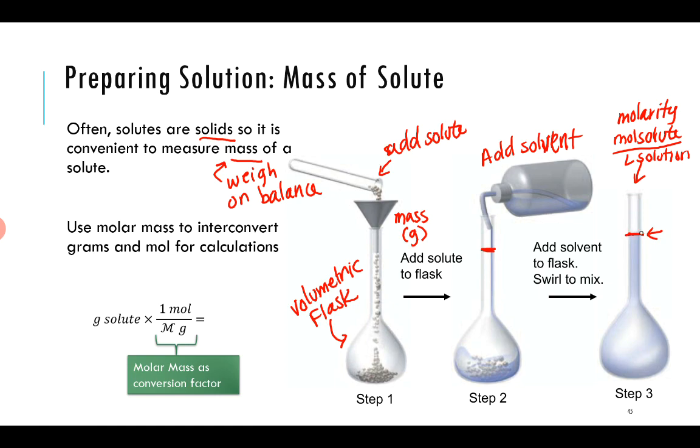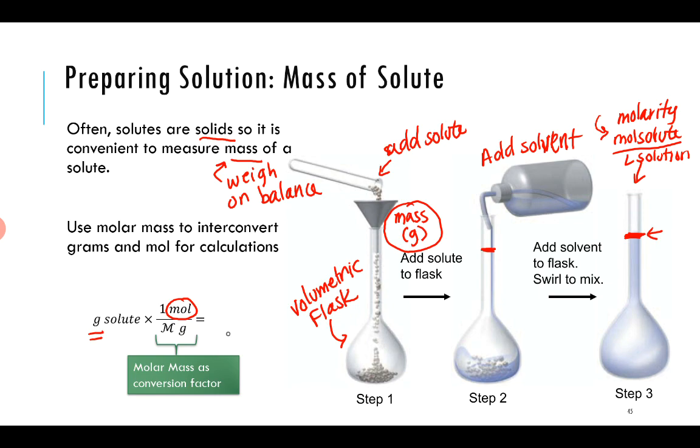And so my liters of solution, I can find out from where the line is. And so my flask will measure a certain volume of solution. But I have to be able to figure out my moles of solute. I can figure out my moles of solute from my mass. And so I need to convert my mass and get into moles.